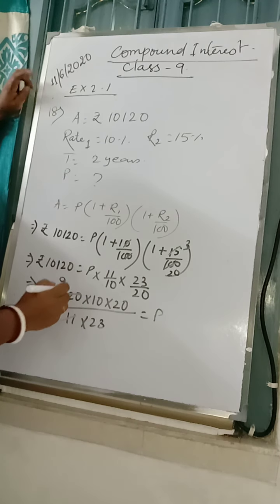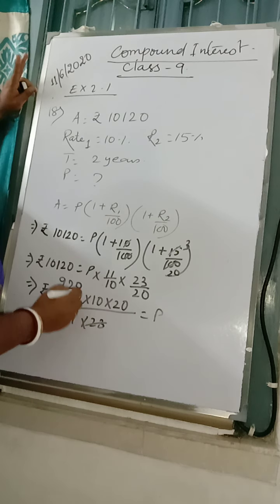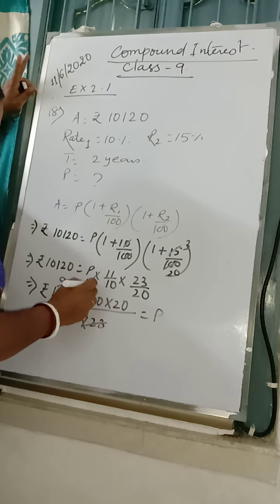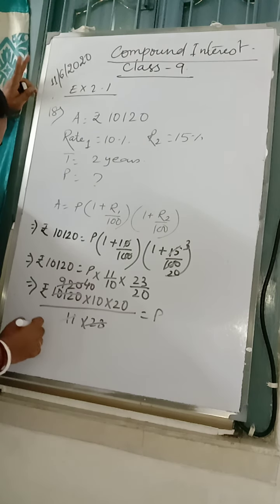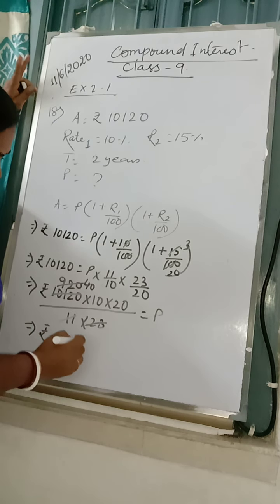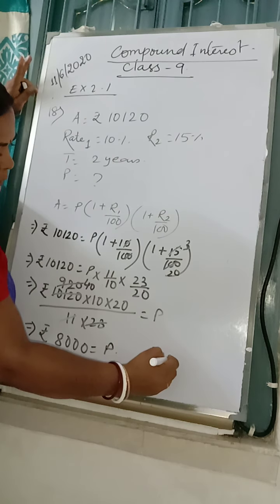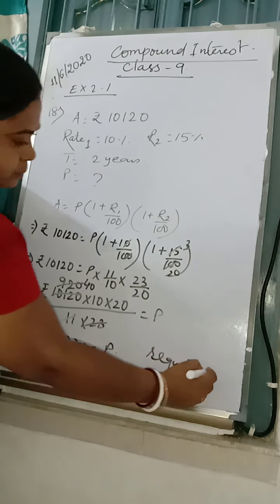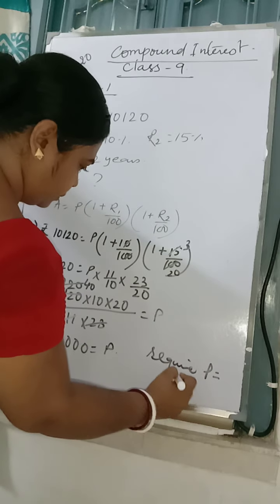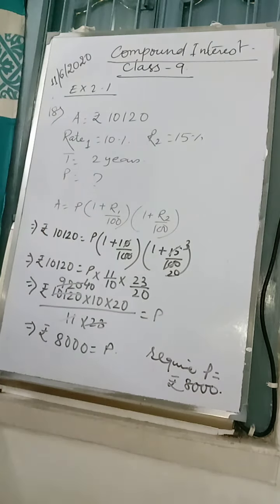This gives you rupees 8,000 as the principal. So the required principal is rupees 8,000. Clear?